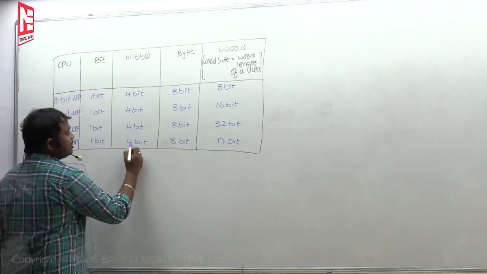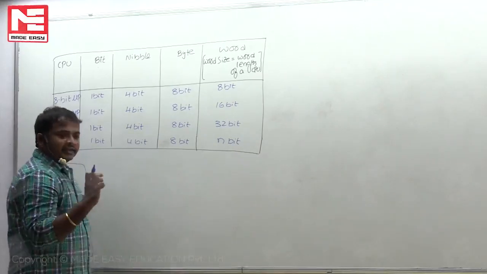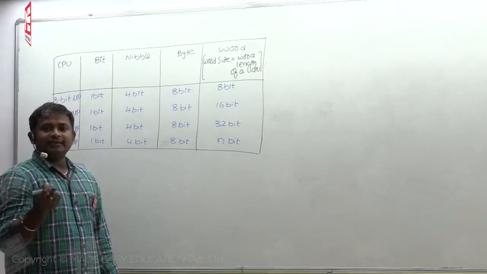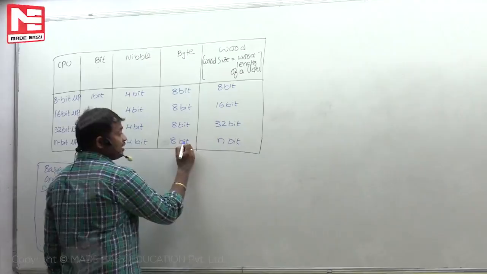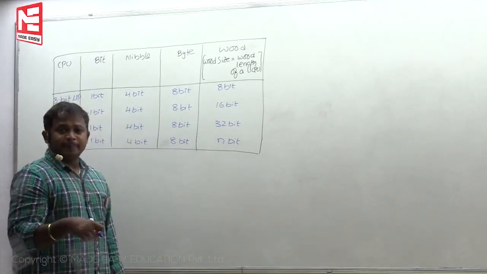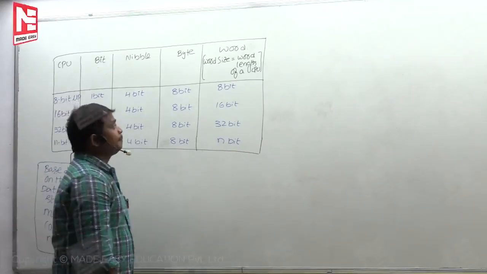When we want to store the data in the memory in a form of nibble, then design the memory cell with 4-bit storage space. That is called as a nibble addressable memory. When we want to store the data in the memory in a byte wise, then design the memory chip with a cell size of 8-bit. That is byte addressable memory.